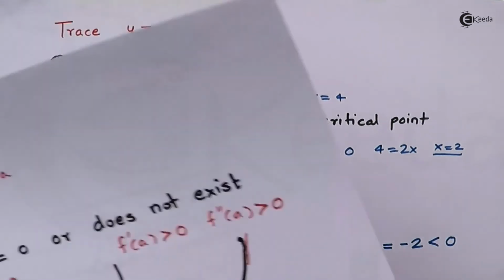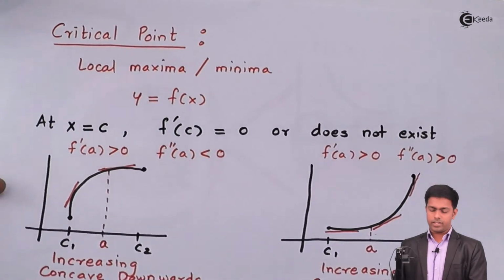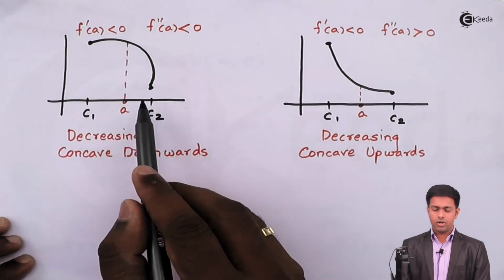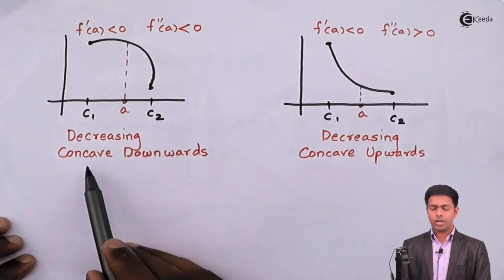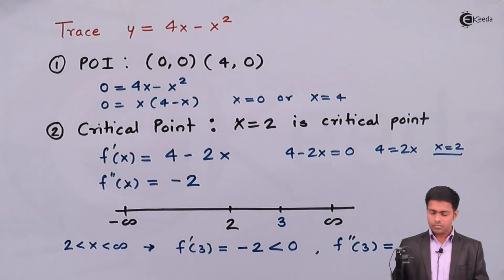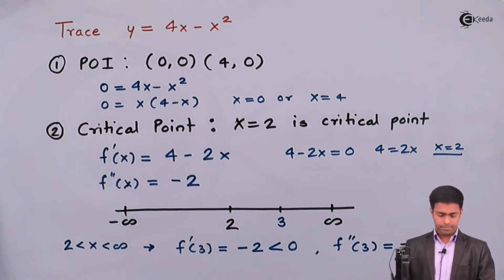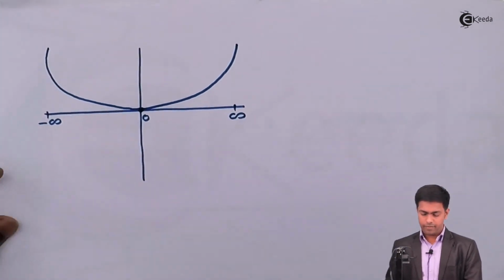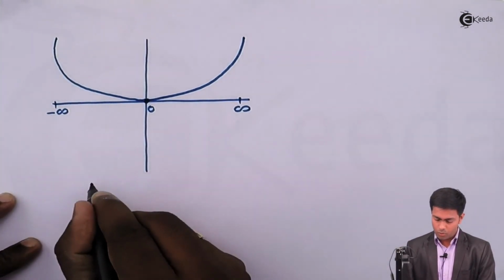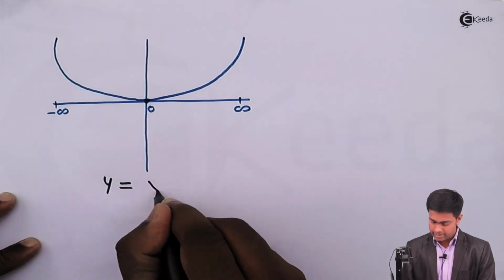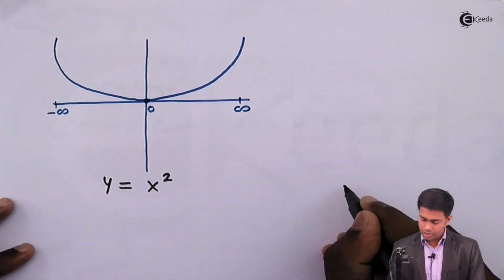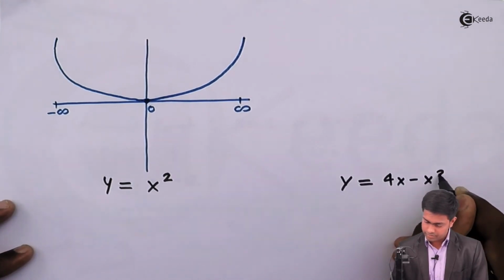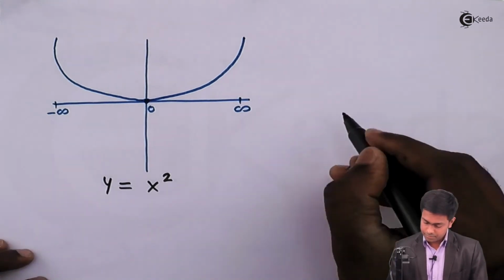So let's see our case. Here we have seen that whenever both derivatives are less than 0, the curve is decreasing and concave downwards. So let's draw the curve here. I'll use the first sheet itself. So this was the curve y equal to x square. Now we are drawing the curve y equal to 4x minus x square.